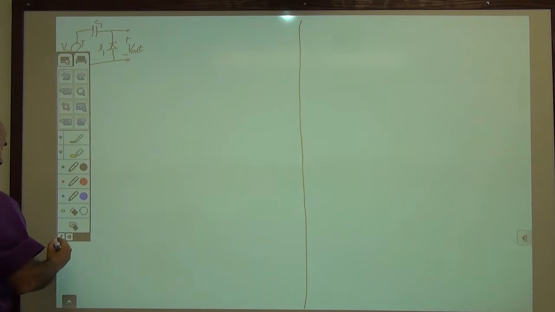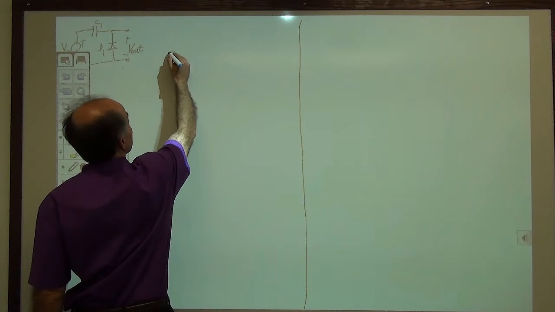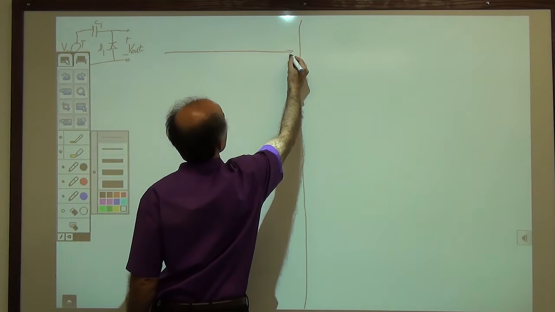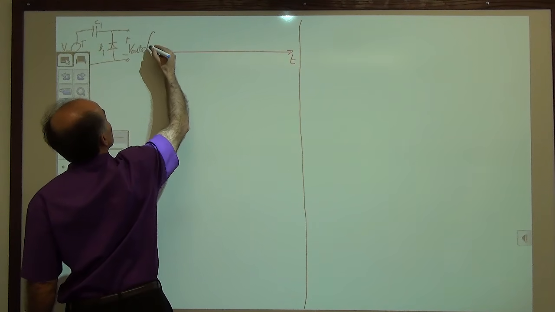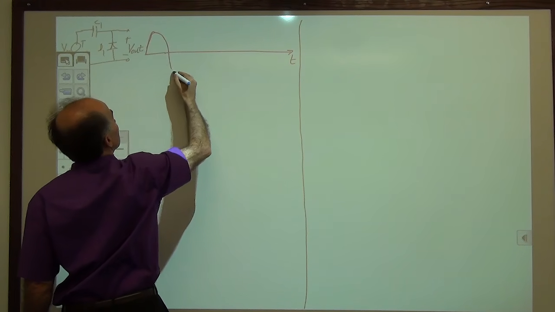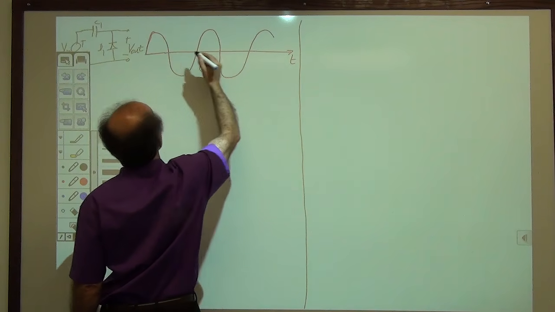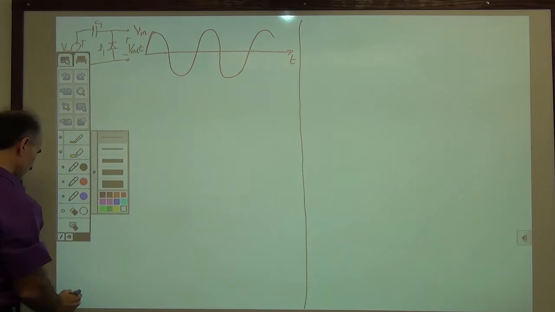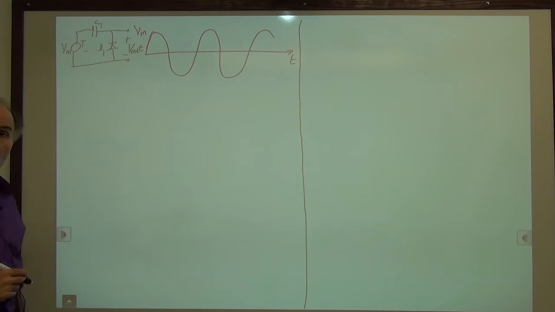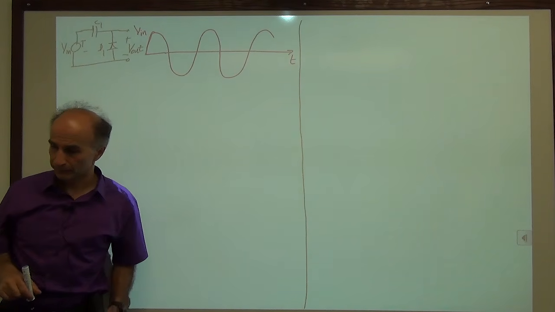As usual, we draw our input in red. So here's our input, and we would like to plot the output. I will give you 90 seconds to try to plot the output.